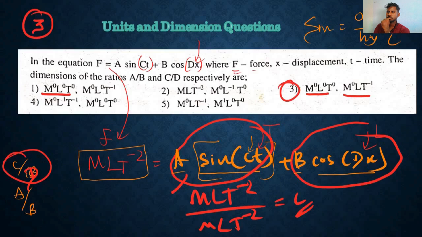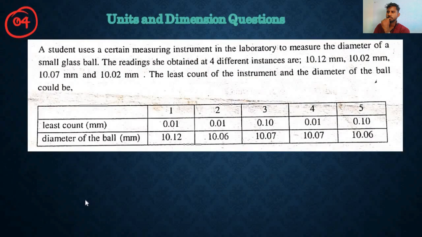Third one. Alright students, now we are moving into our fourth question. Actually this is not from dimensions, this question is from units. It's about measuring instruments. A student uses a certain measuring instrument in the laboratory to measure the diameter of a small glass bowl.